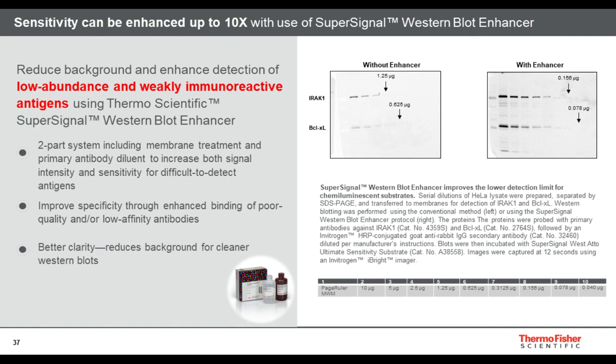This improved specificity is especially important for poor quality or low affinity antibodies. The overall result using the enhancer is a cleaner, more sensitive Western blot detection, as illustrated in the blots on the right-hand side. When using the SuperSignal Western Blot Enhancer, detection sensitivity can be increased up to 10-fold, and the overall signal above background is greatly enhanced.